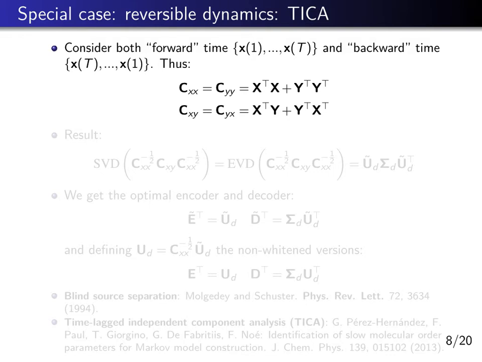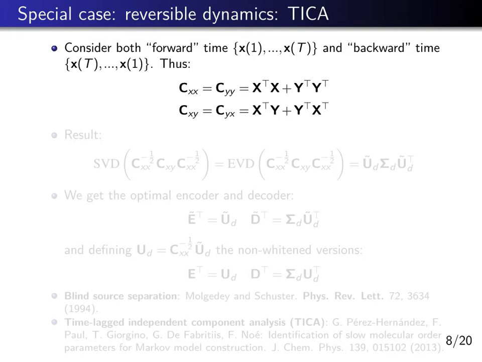And this symmetry, this time symmetry, implies that if we estimate covariance matrices forward or backward in time, we get the same result. So we can use the following estimator for covariance matrices that is shown here. So we say CXX and CYY are actually identical, and they are estimated by taking X, so the initial data, and also Y, the time-lagged data, and we compose the estimator from both of them.